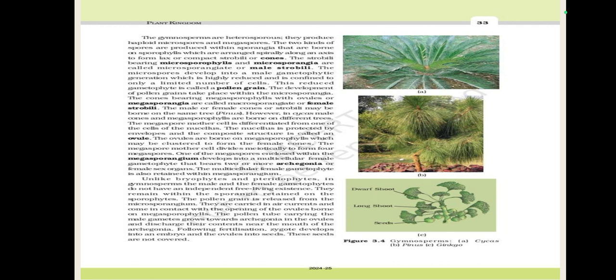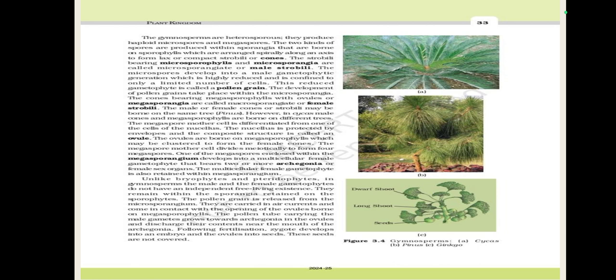The megaspore mother cell is differentiated from one of the cells of the nucellus. The nucellus is protected by envelopes and the composite structure is called an ovule. The ovules are borne on megasporophylls, which may be clustered to form the female cones.